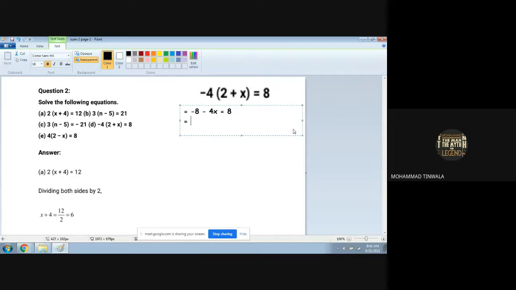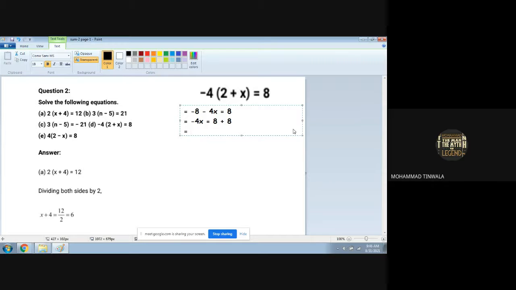So now minus 8 will be at the side, minus 4x will be as it is, 8 will be as it is, and this minus 8 shifted towards the right side, so it will be converted to plus 8. Any doubt here? No, sir.